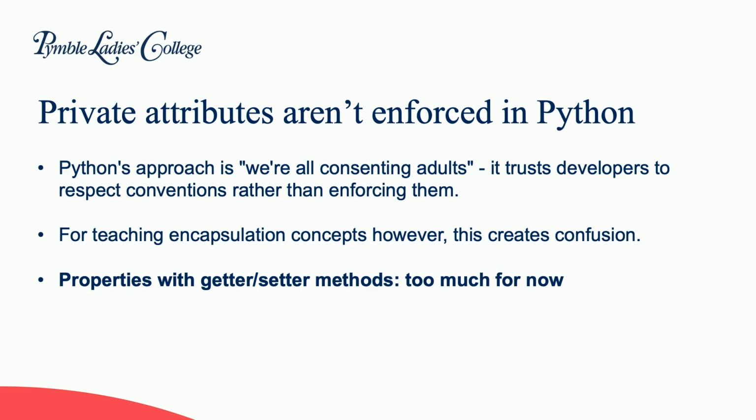I've taught the concept, the students know how it's implemented, and we know that as programmers, if you try to work in industry and change a protected attribute, your teammates and your colleagues are not going to be very impressed with you. So we want them to develop good habits so that if they translate over to other languages like Java that do enforce this, at least they have a really solid foundation to be able to work with that.